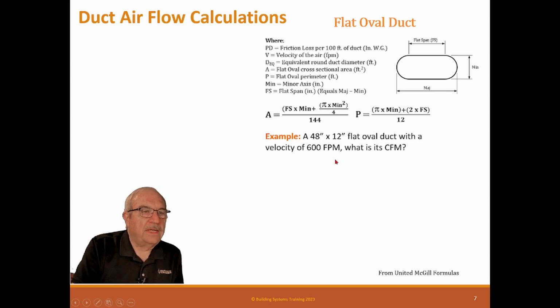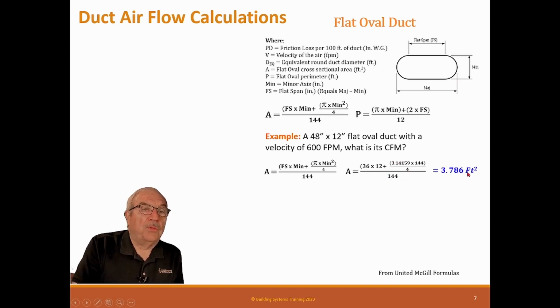So, example: a 48 by 12 flat oval duct with a velocity of 600 feet per minute. What is the CFM? So we take this area formula, which we just talked about, and if you put these numbers in there, you get 36 times 12 plus pi times 12 squared, divided by 4, all over 144, and that all equals 3.786 square feet.